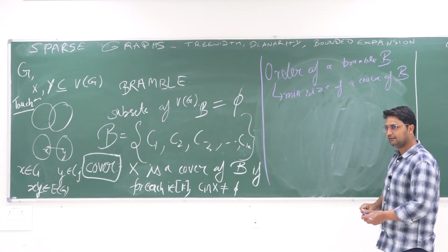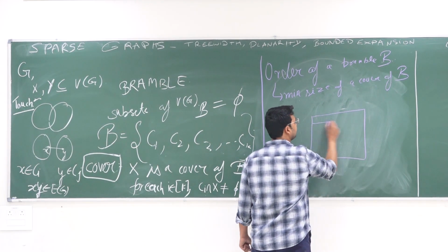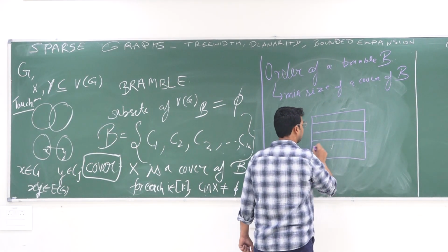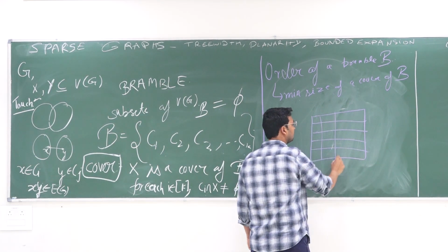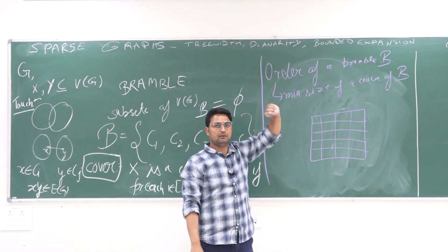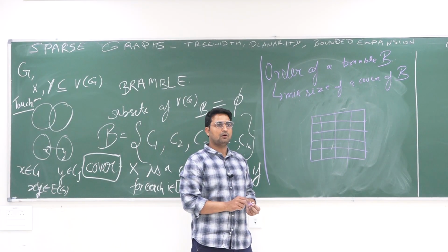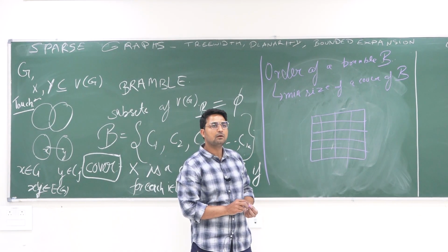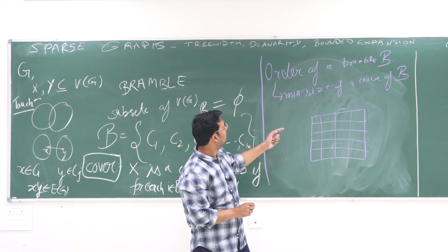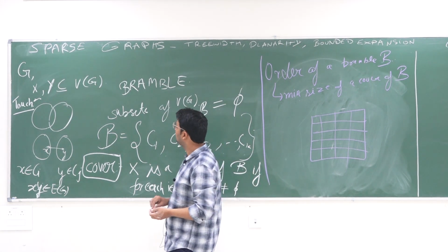So again, for example, it has to be non-trivial, right? Otherwise you can take the empty set. The upper bound on the order is K, where K is the number of connected components in the Bramble.